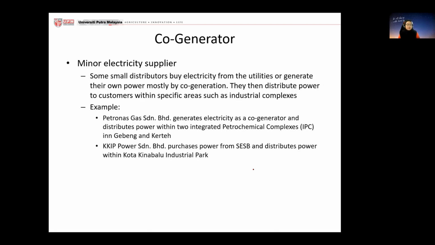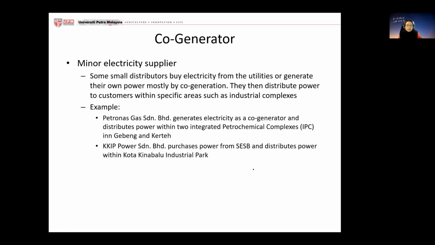Apart from IPPs, we do have co-generators, which are minor electricity suppliers. It happens that some small distributors buy electricity from the utilities, or they also generate their own power, mostly by cogeneration. They then distribute this power to customers within specific areas such as industrial complexes.